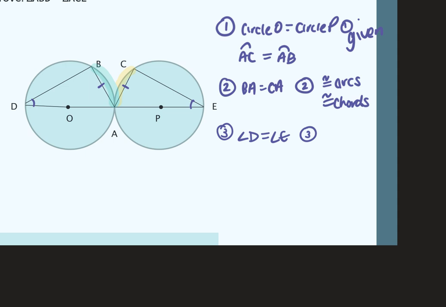The arcs are congruent. So congruent arcs. So inscribed angles that intercept congruent arcs in congruent circles, because they have to be congruent circles or the same circle, are congruent.